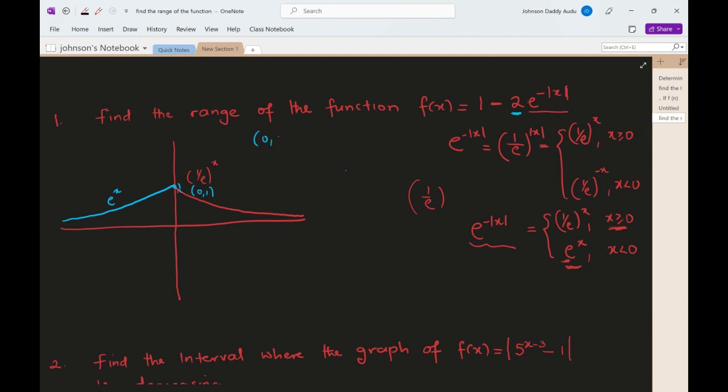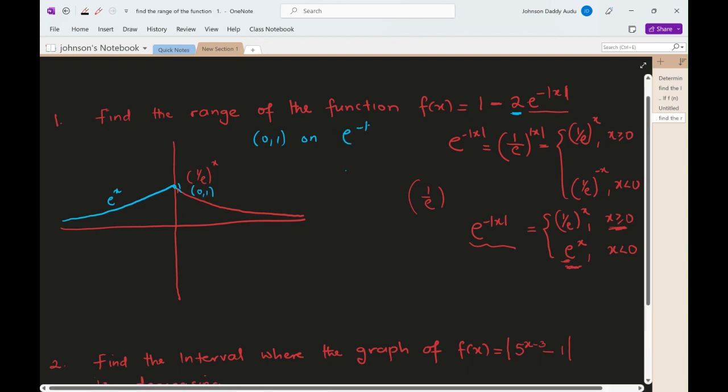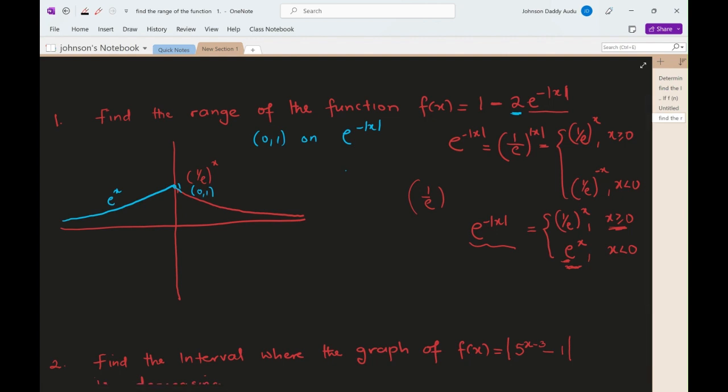So what I'm saying is that if you have the point 0, 1, you see this 0, 1 is on the graph of e to the power minus x. Now, because there is a 2 in front of it, this point is going to become 0, 2.